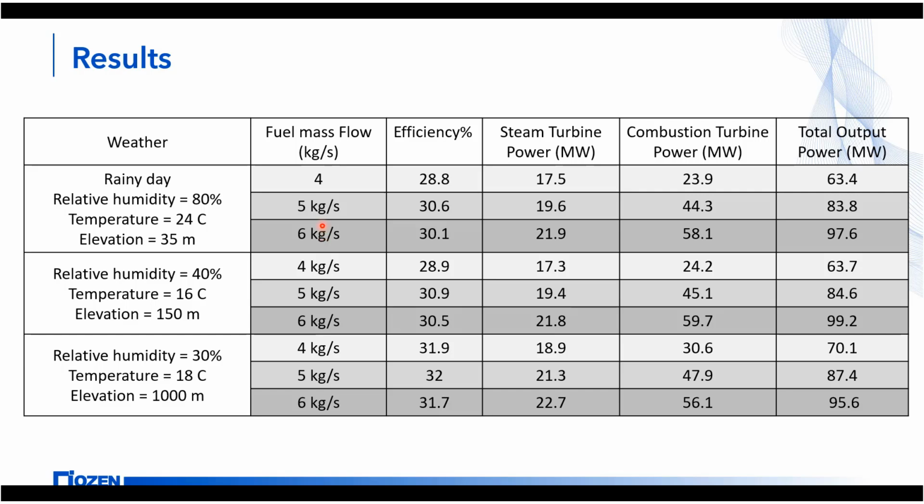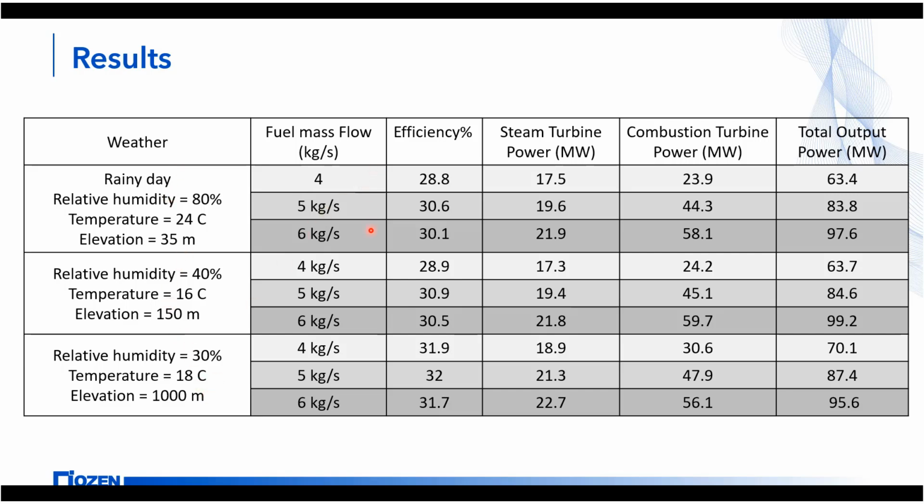For example, for 5 kilograms per second, the efficiency for this weather condition is 30.6%, increases to 30.9, and then jumps to 31.9%, which is good. And for total power, from 83.8 it jumps to 84.6 and goes up to 87.4.